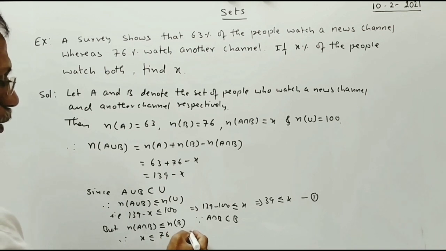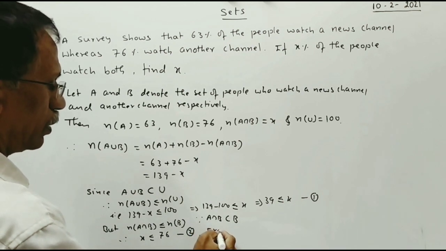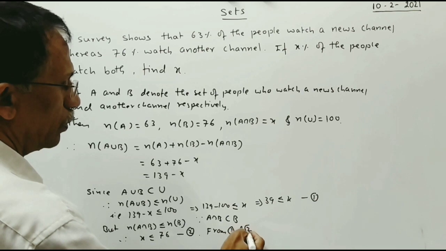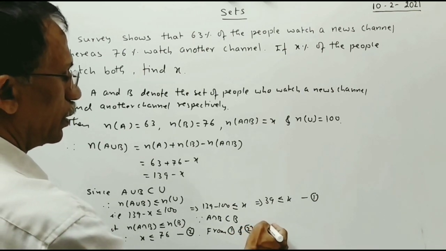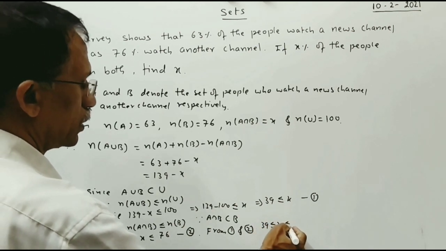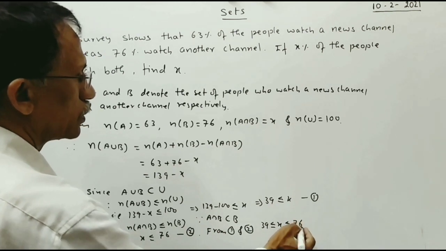Say number 2. From 1 and 2, 39 is less than or equal to x is less than or equal to 76.